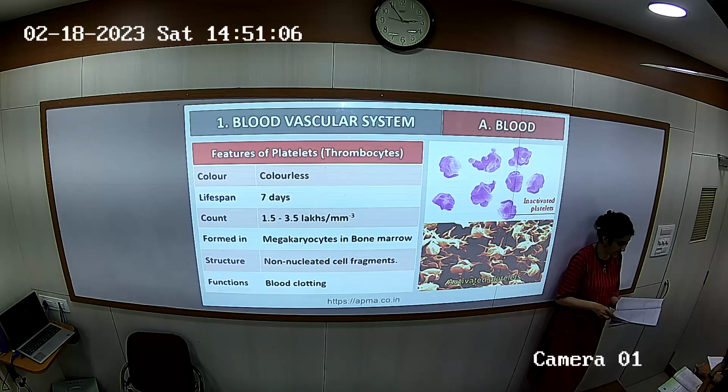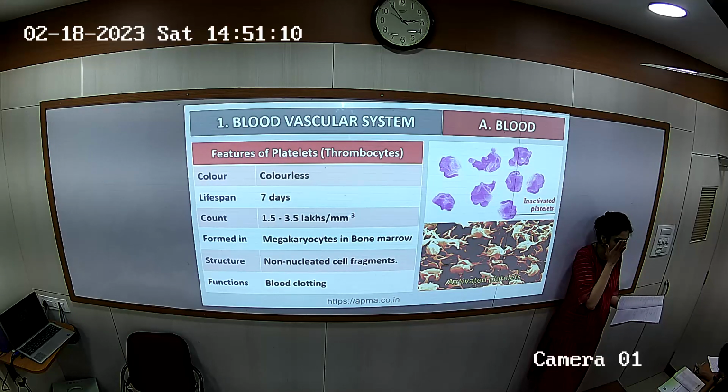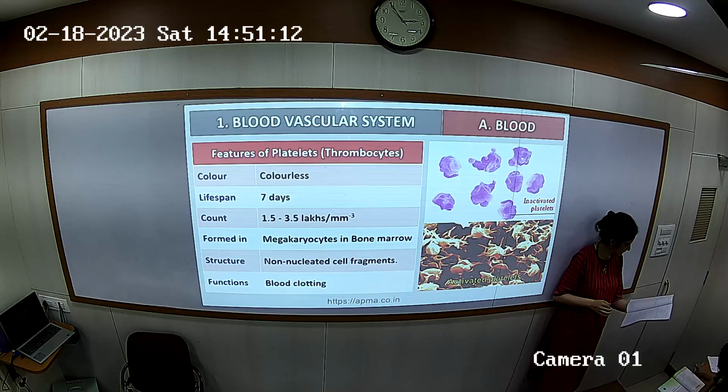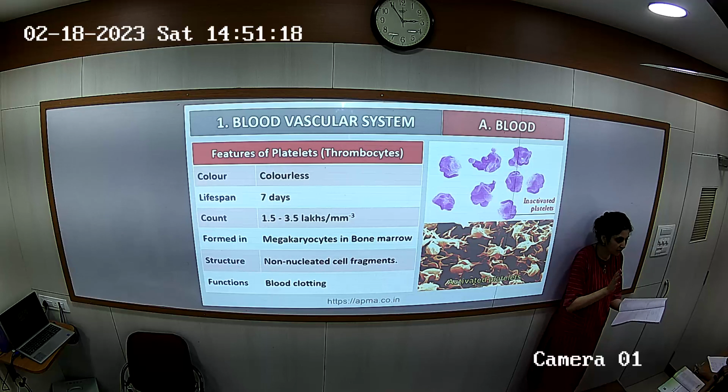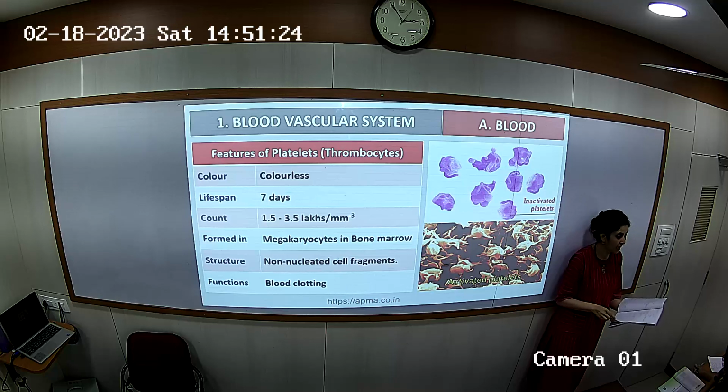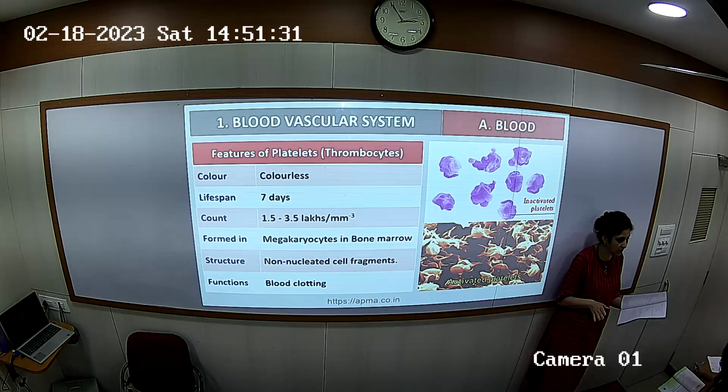Second is the diagram-based question where they have said arrange it according to the size. What is the smallest in size? Lymphocytes. And surely what is largest? Monocyte. Okay. The remaining three are actually basophil, neutrophil, and then eosinophil. But the diagram here is mixed in different textbooks, and they will never ask you because the diagram is not clear.